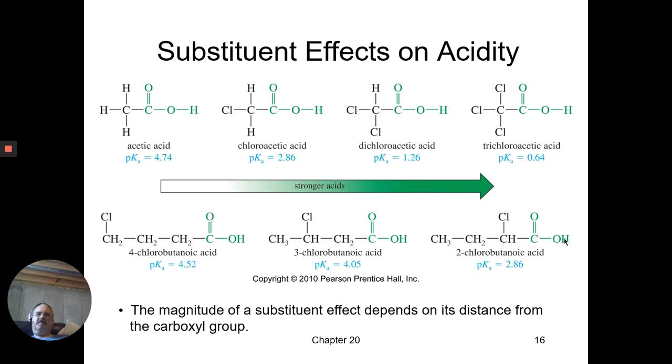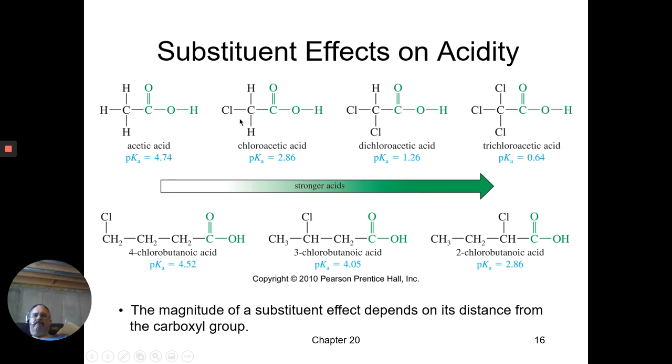Some of the factors that can affect acidity include a nearby electronegative element, such as a chlorine. If we compare acetic acid with chlorinated acetic acids, acetic acid has a pKa of 4.74.